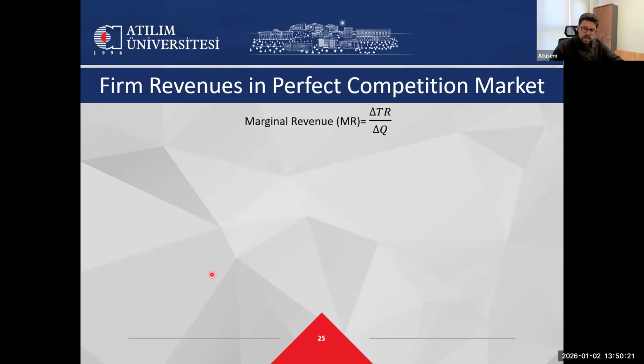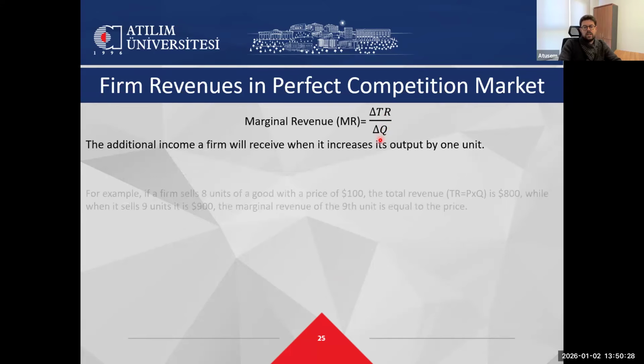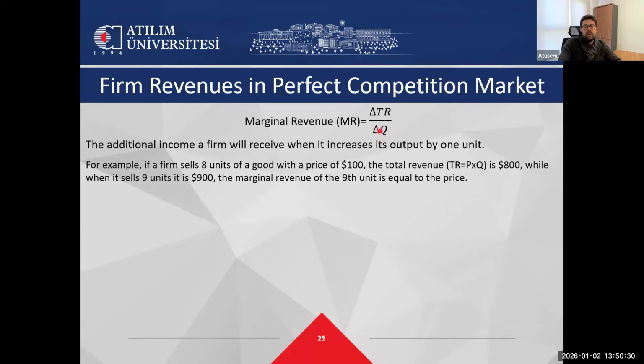Then the marginal revenue part. That is change in total revenue divided by change in quantity. In perfect competition, price is the same. So when we change the amount, we are able to find the marginal revenue.